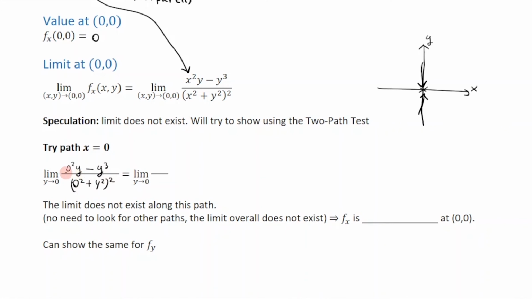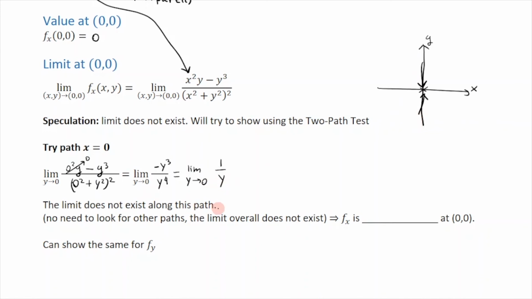This gives us 0 for this guy, and then we have negative y cubed over y to the fourth. This is equal to the limit as y approaches 0 of 1 over y. And actually, this limit doesn't exist at all along this path.